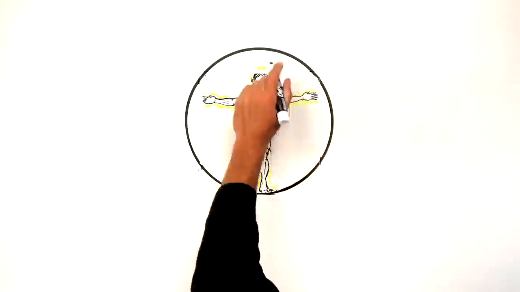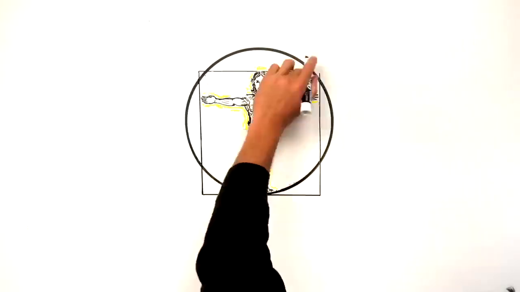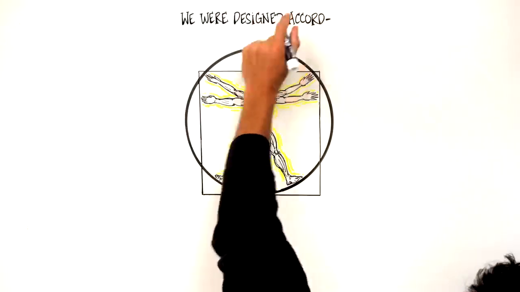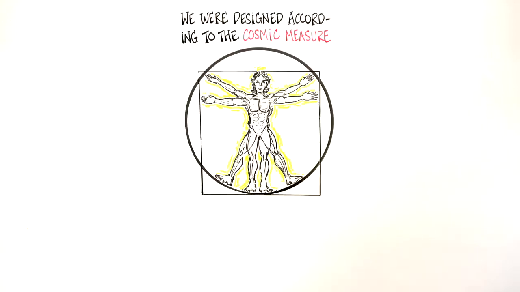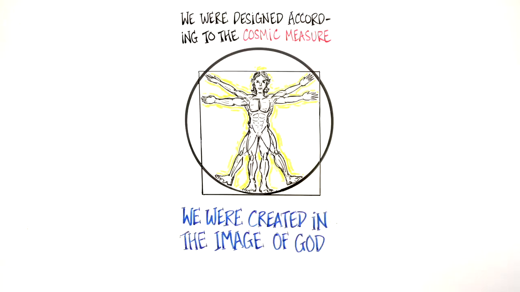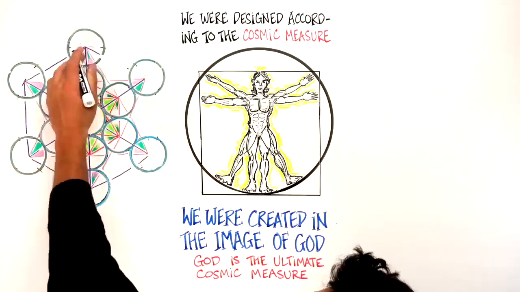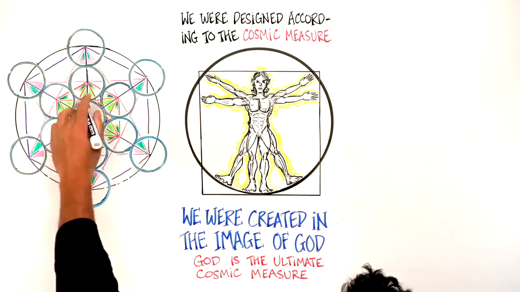Well, one of the implications follows from this truth: we humans are ultimately designed according to the cosmic measure. We were created in the image of God, and God is the ultimate cosmic measure. And we, being created in the image of God, embody the cosmic measures.